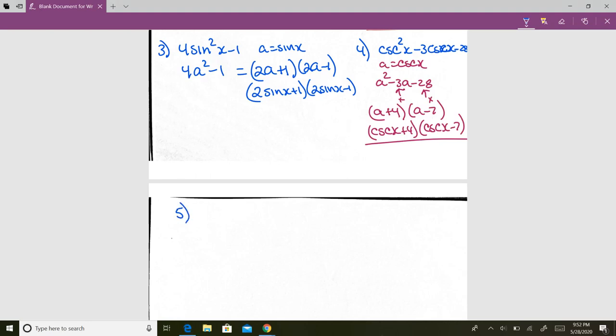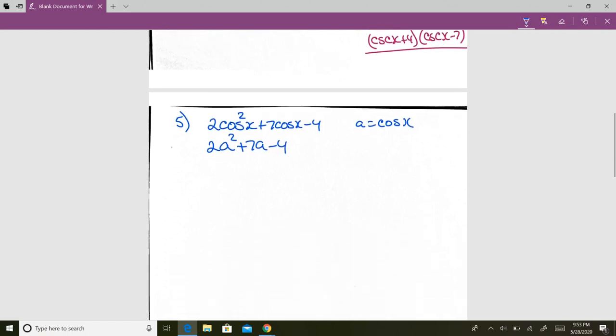The next one is 2 cos squared x plus 7 cos x minus 4. Sub out the cosines if you want. Call them a's again. I end up with 2a squared plus 7a minus 4.